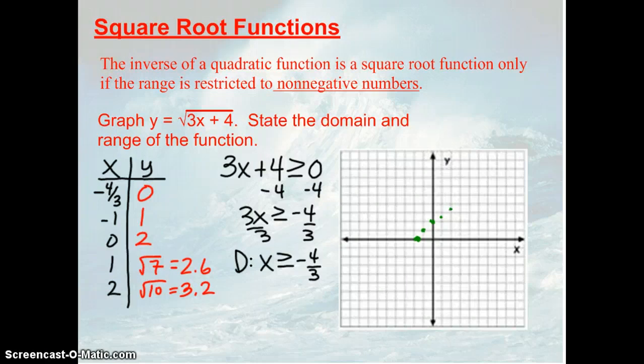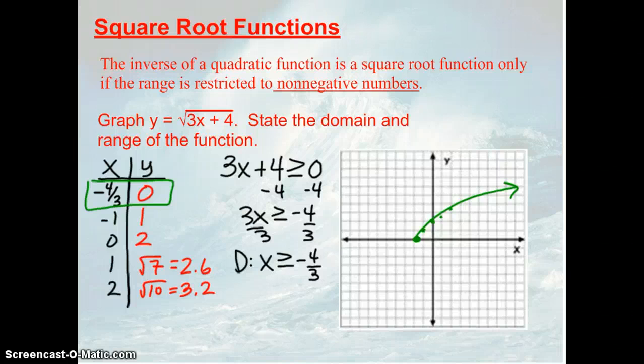We've got a nice set of points. This top point, that's my endpoint or armpit. From there, looks like we're stretching over to the right. We've got a graph that we know looks like it's supposed to.